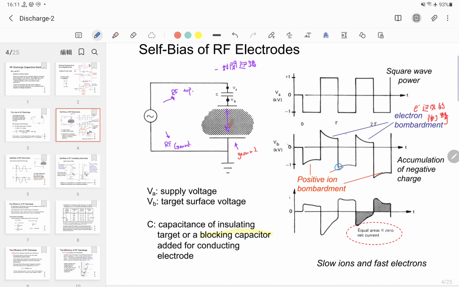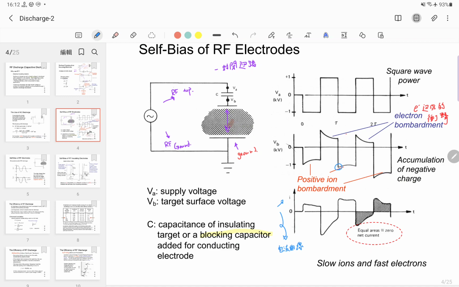And the bottom curve shows the transient current curve. After a few cycles, the surface of the top electrode has already built up negative charge, so the negatively charged surface will repel or decelerate electrons.